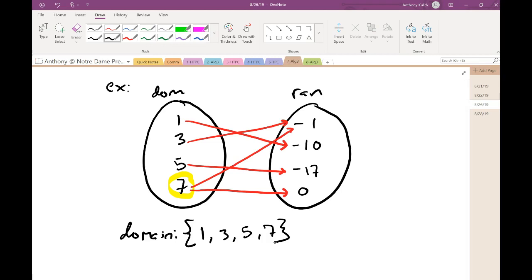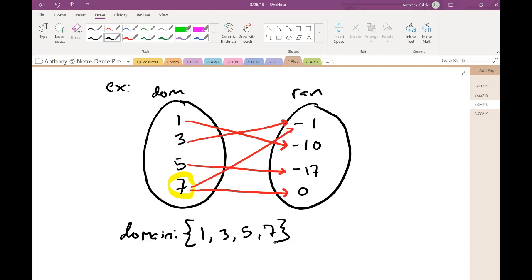Worth noting here, how many times was 7 used? Twice. How many times did it appear in the domain, though? Once. Remember that sets have no repeated elements or no repeated members. So even though 7 was used more than once, I only write it once when I write the domain.